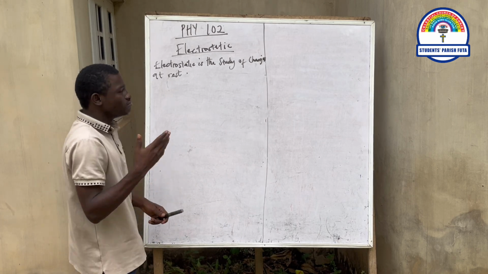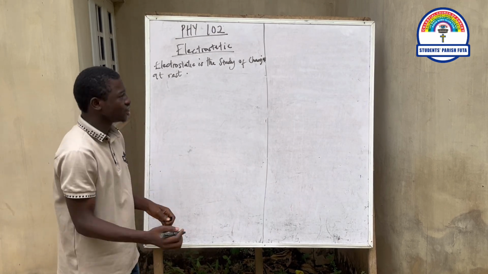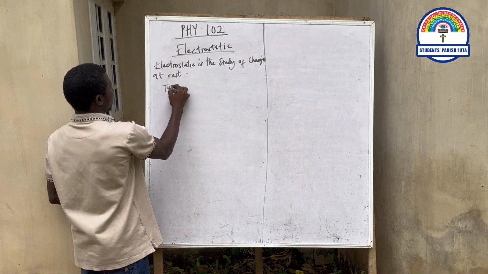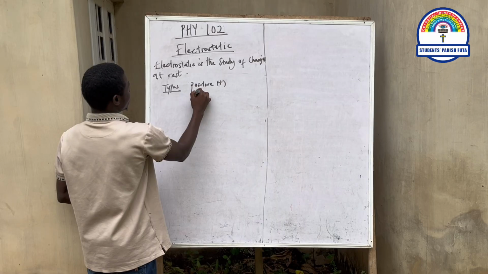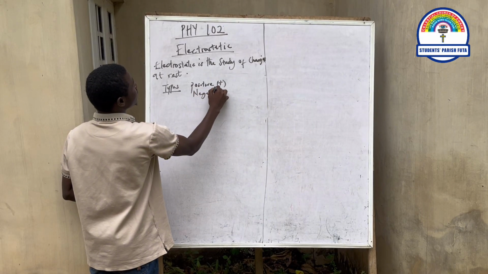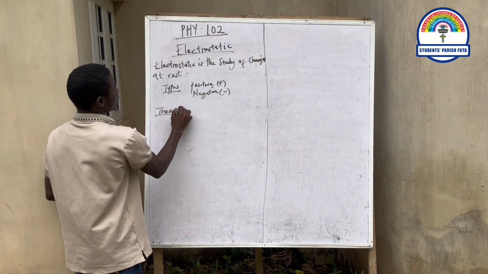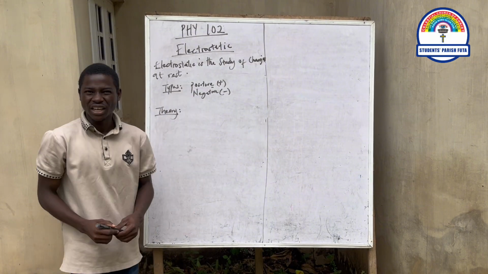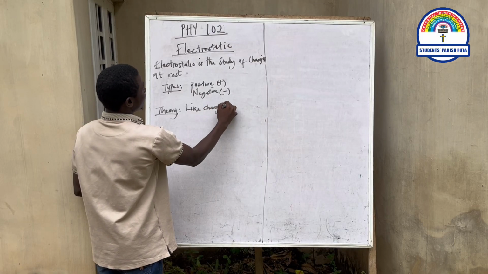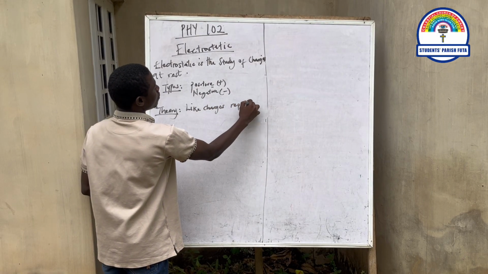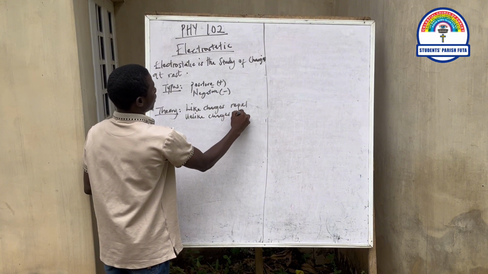Now let's remind ourselves of some basic things in charge. We have the types of charge, the positive and the negative charge, and this leads us to the theory of electrostatics, or theory of charge, which says that like charges repel, unlike charges attract.